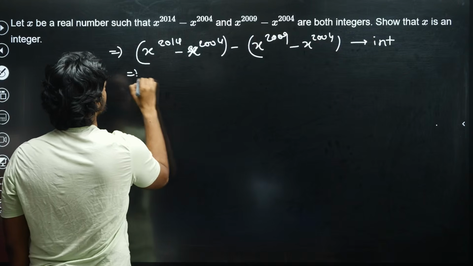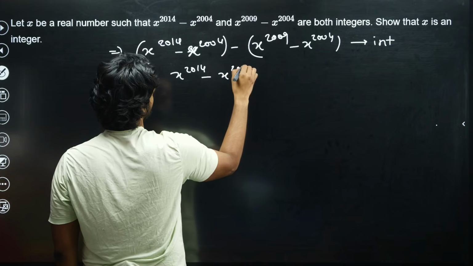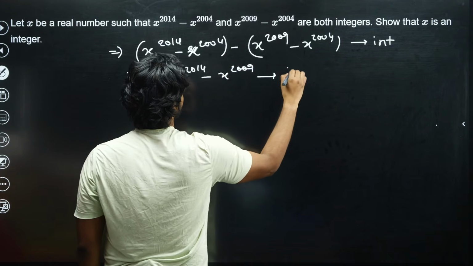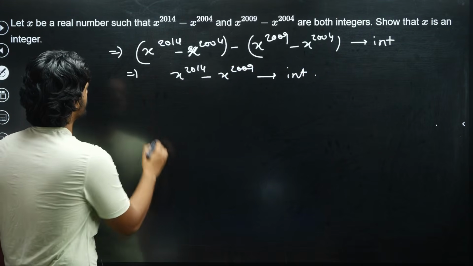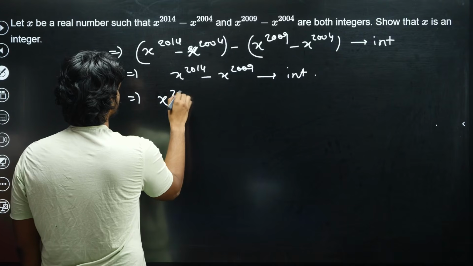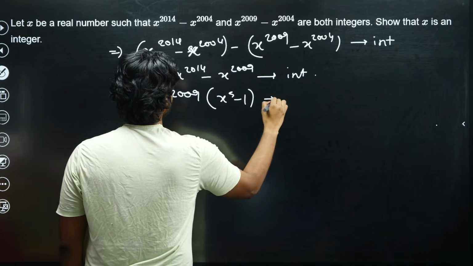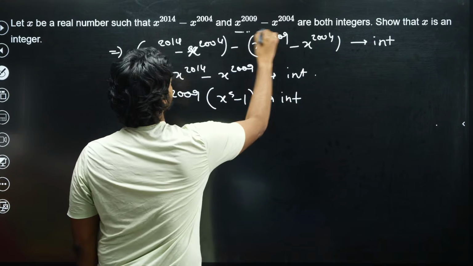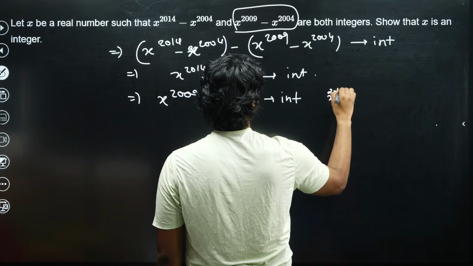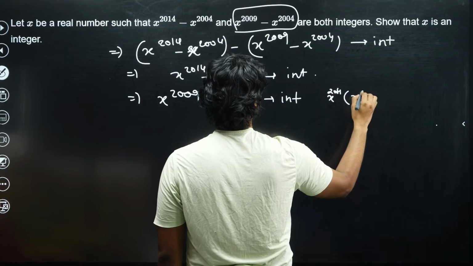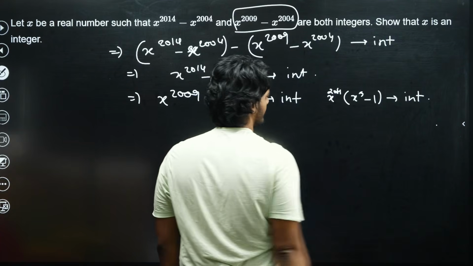So basically x power 2014 minus x power 2009 is an integer. That would mean x power 2009 times (x power 5 minus 1) is an integer, along with x power 2004 times (x power 5 minus 1) is an integer.